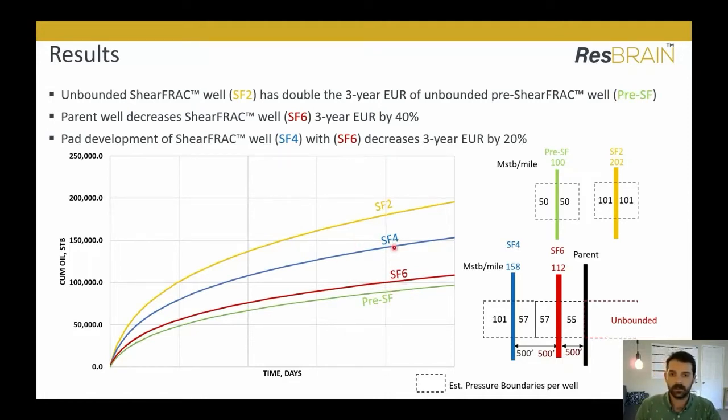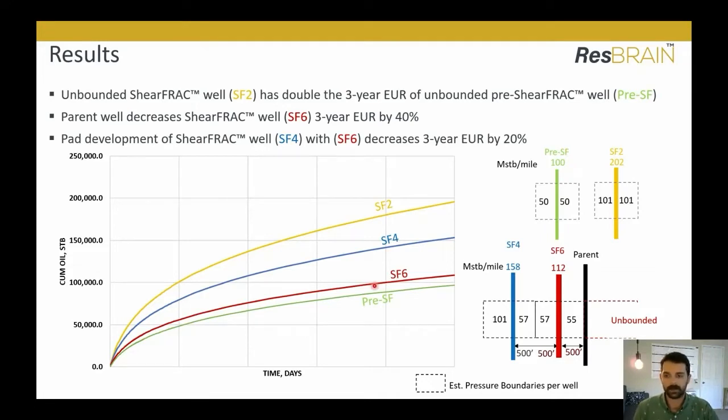You can see that 1,500 feet away from a parent well, there's a 20% hit on that 3-year EUR, and 500 feet away is a 40% hit on that EUR. But even having said that, you can see that it outdoes that initially poorly stimulated standalone well.